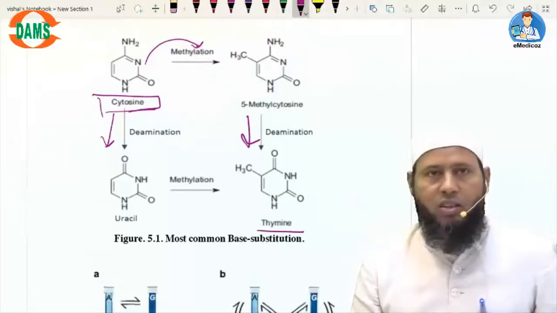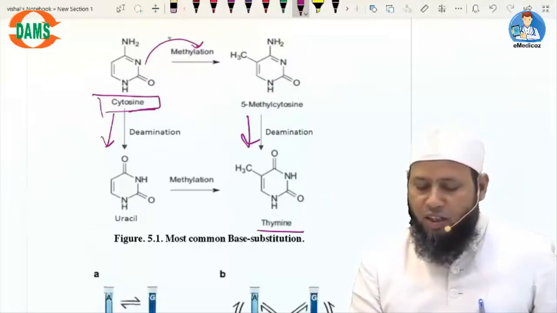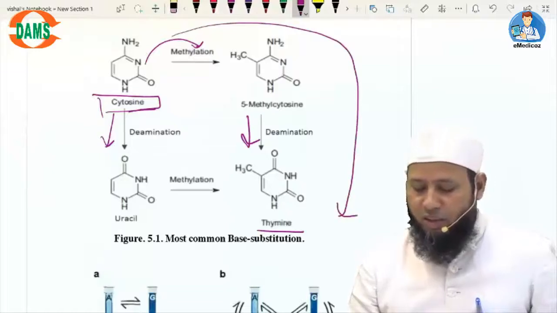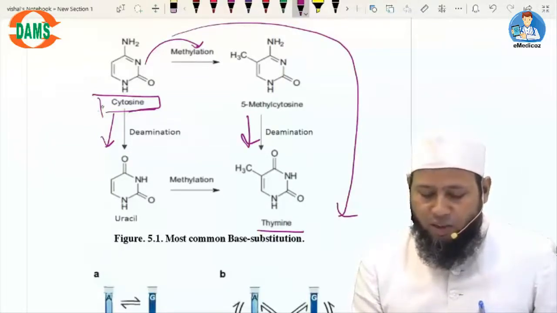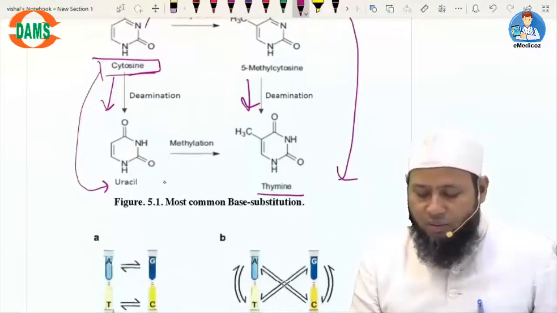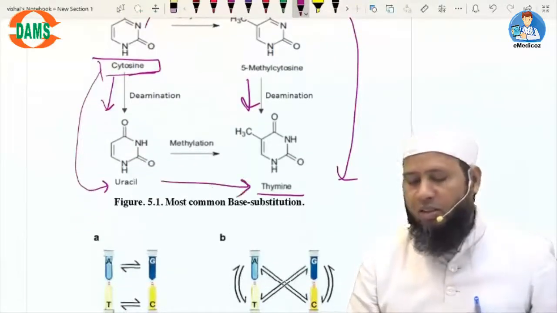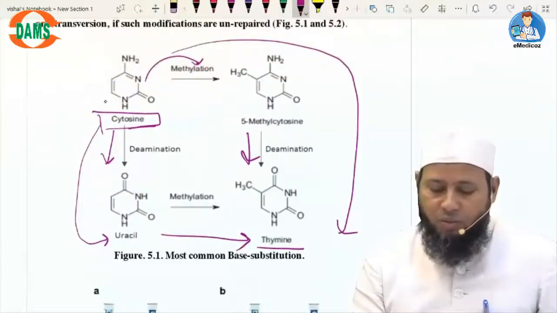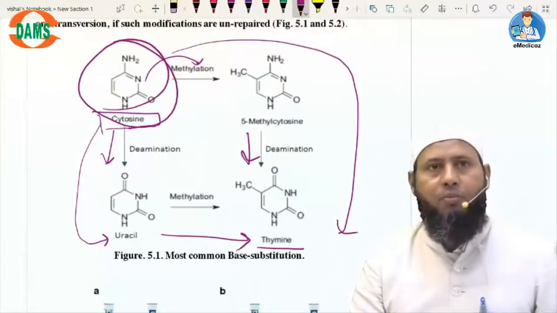From cytosine it can convert into thymidine, and the cytosine can convert into uracil, and the uracil can convert into thymidine. So basically all that originates from the cytosine.